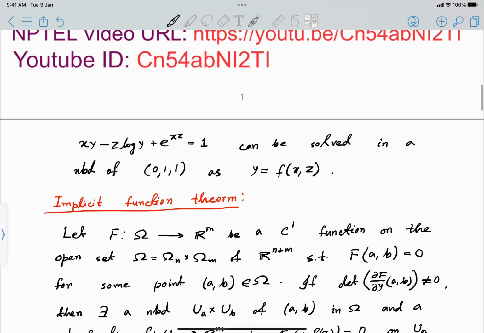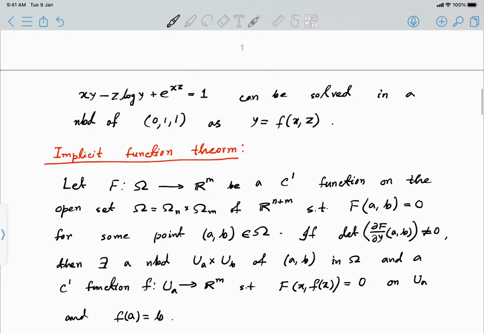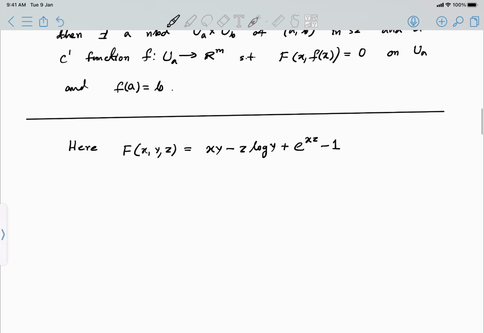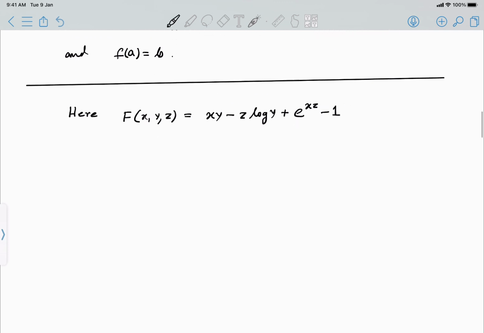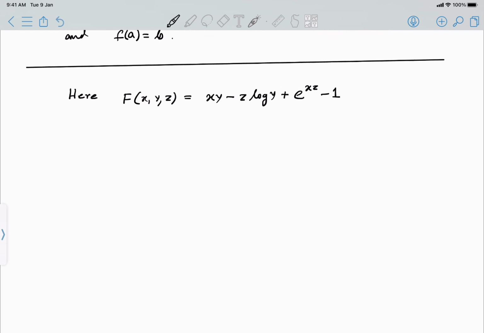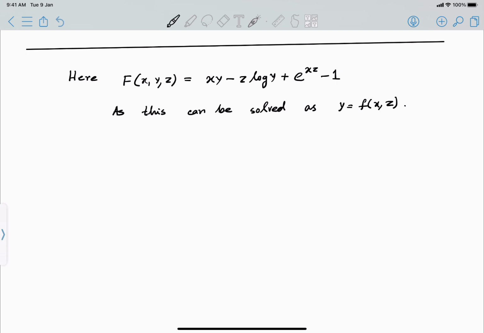So this can be solved at the point (0, 1, 1) with y as a function of (x, z). For that we need to check that del f by del y should be non-zero. So let's check del f by del y.